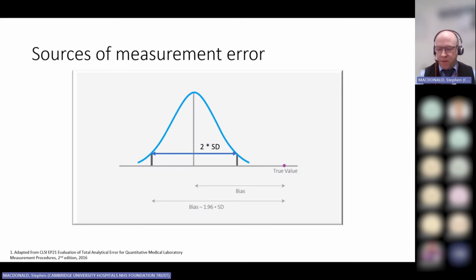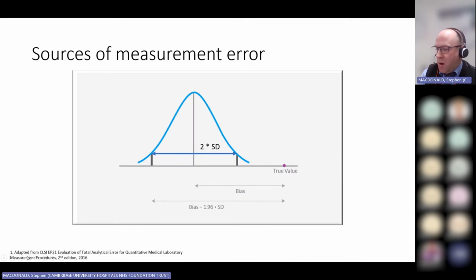So if we talk about performance specifications, ultimately, and we have to be careful of the terminology that we use here, if we talk about measurement error, and we'll use that as an introductory term and we'll diverge on that later. Measurement error, as I'm sure everybody is aware, can basically be subdivided into contributions from two different sources.